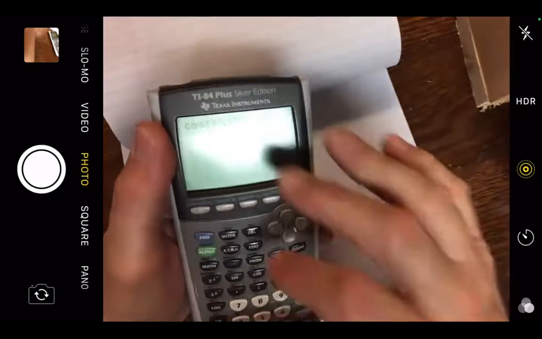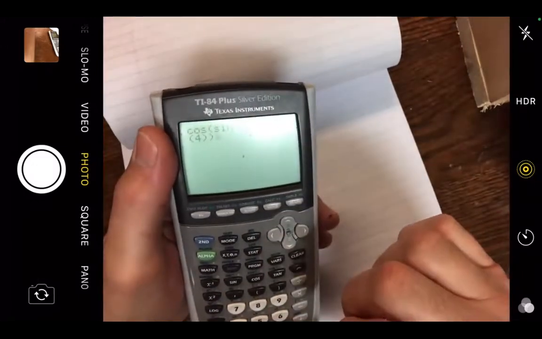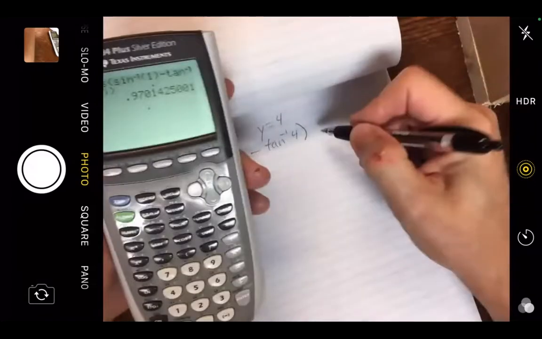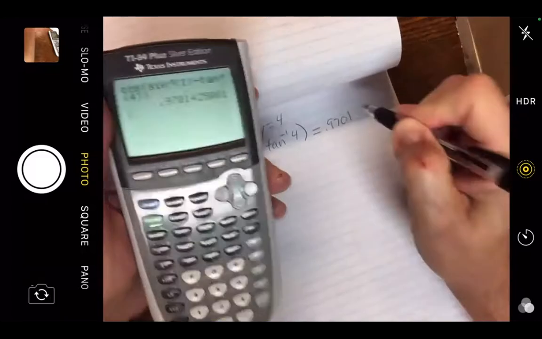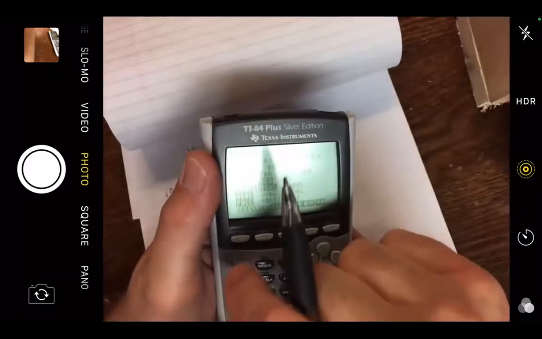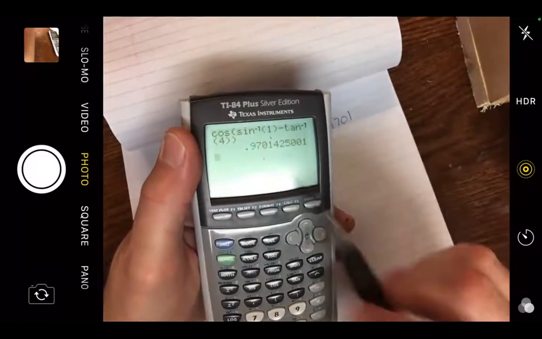Cosine of arc sine of 1 minus arc tangent of 4 gives 0.9701. Oh, I never checked radian mode. Yes, I am in radian mode. Okay, good. Got lucky.